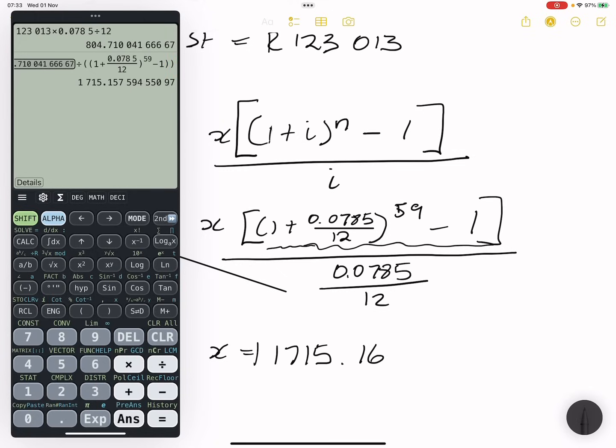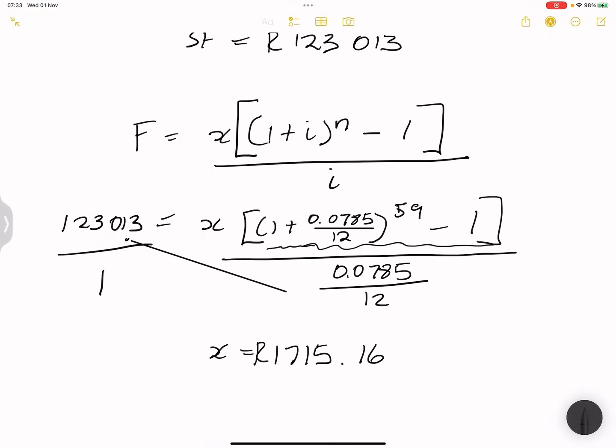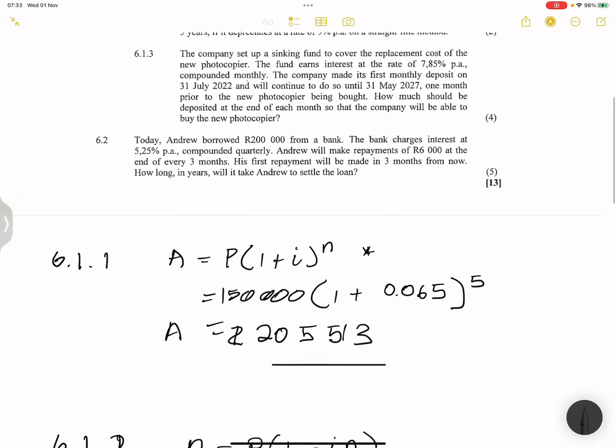That would be the amount that would have to be deposited into the fund. Please, if you can, verify that amount for me and let me know if you get exactly the same thing. I'm trying to see if I haven't made any errors. Okay, let's move on to the next question.